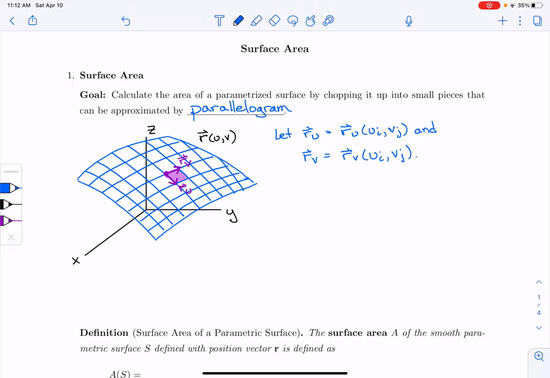Okay, so then what I want to do is approximate the area that is shaded currently in purple. I'm going to call that region S sub ij. That's going to be a small piece.